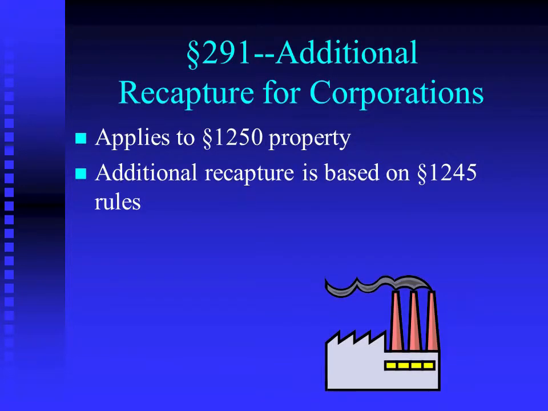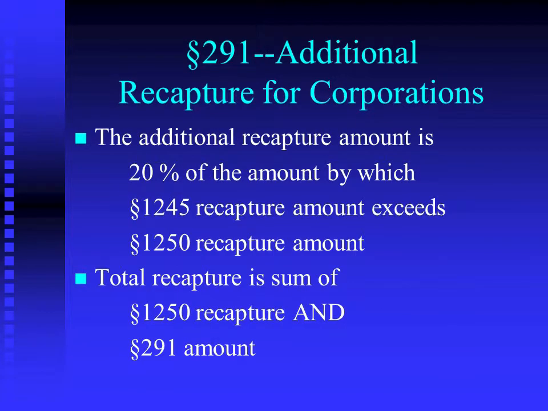So a short introduction to the Section 291 additional recapture for corporations applies to buildings, and it's based on the rule of all the depreciation to the extent of gain, right? That's what 1245 means. All of the gain to the extent of accumulated depreciation. So you can see here the rule is fairly complicated.